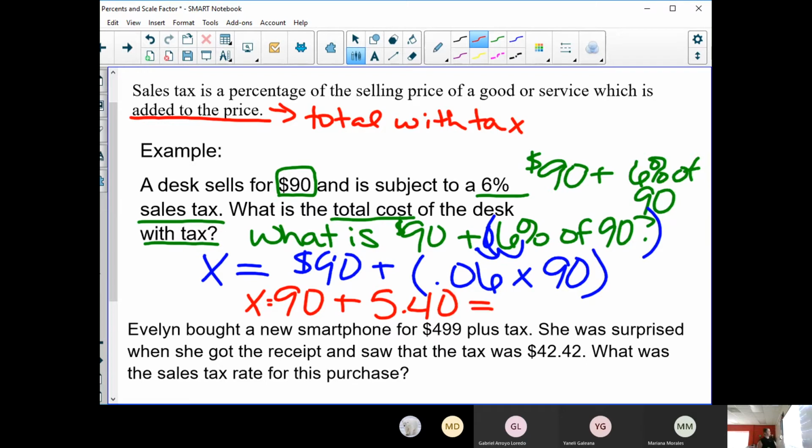So how much am I paying for that desk with sales tax? $95.40. Okay. Any questions about that?